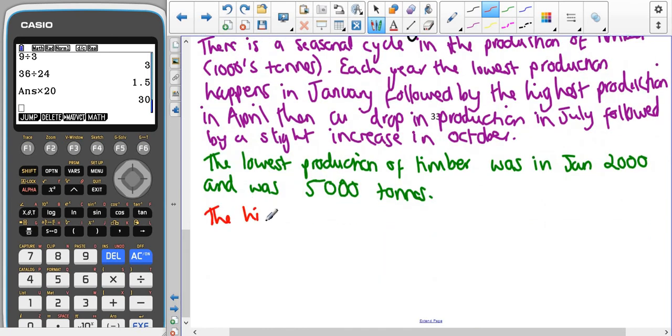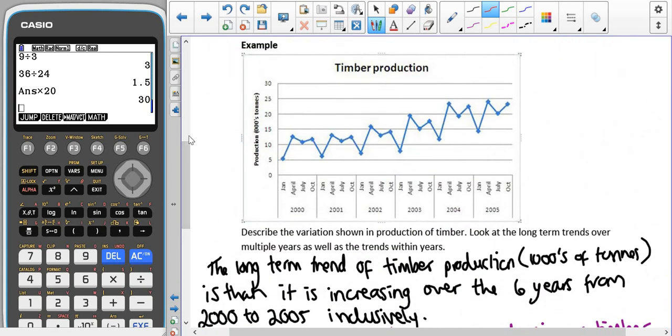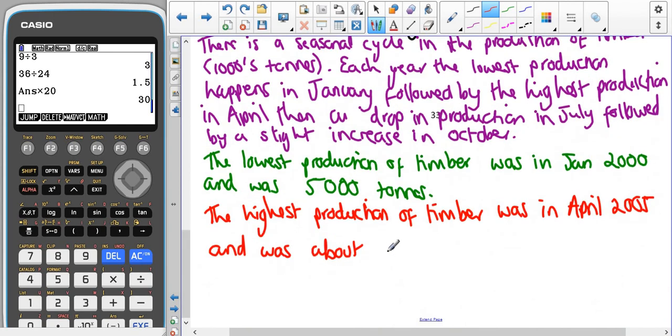So the highest production of timber was in April 2005, and from what we said earlier on, that's what we would expect, because we were saying over time it's increasing and we always have the highest point in April, and was about, because we can't see exactly from the graph, looks about 24,000 tonnes.